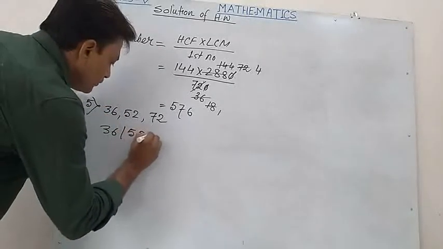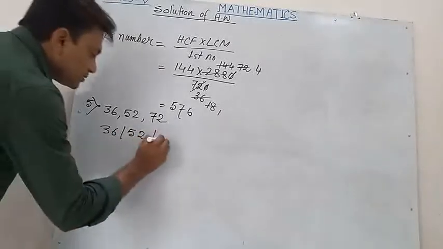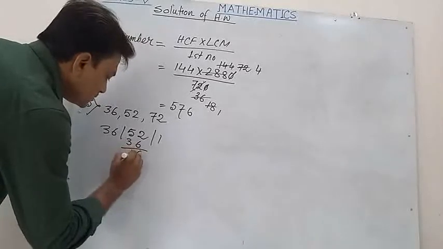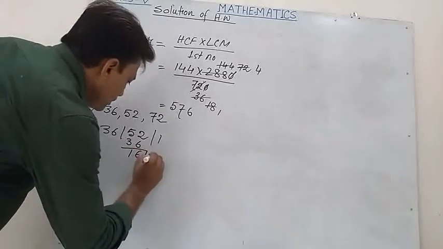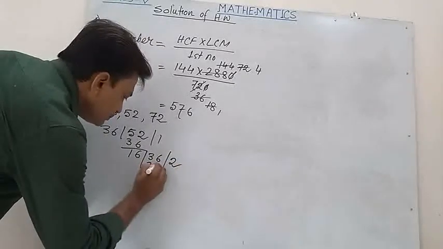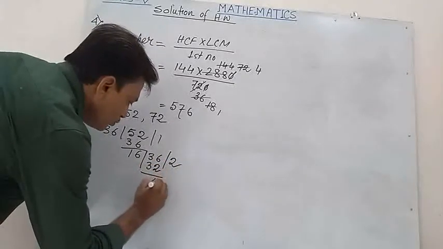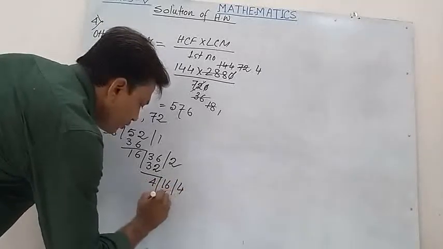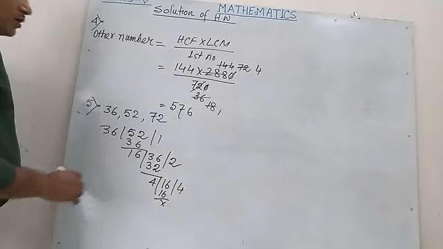So 52 divided by 36: 36 ones are 36, remainder 16. 16 twos are 32, remainder 4. Now 16 divided by 4: 4 fours are 16.